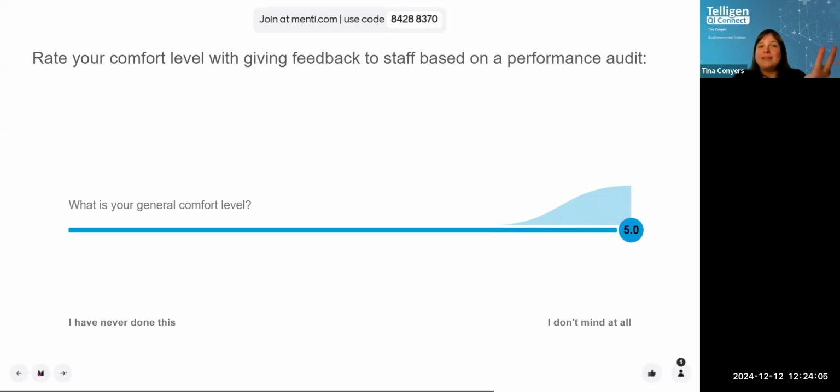You're saying either I've never done this or I dread doing this on the one side. On the other end is, I don't mind it at all. So most people are feeling really comfortable with it, although as more go in, it's kind of wiggling more toward, I can do it, but it's not my favorite thing.